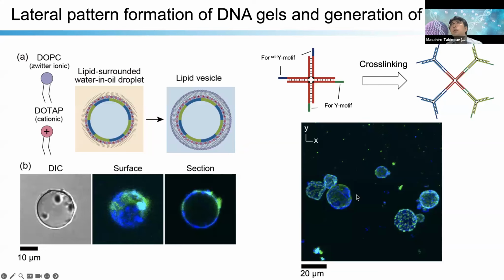So like this, we can control the phase-separated DNA hydrogel capsules actually, and also it might be related to the raft structure of the lipid membrane. So maybe we can control the position of the biomolecules on the surface of the DNA microcapsule using this kind of lateral pattern formation in DNA hydrogels.